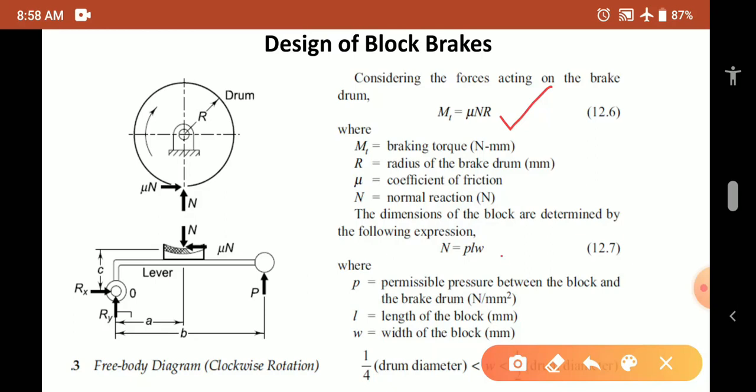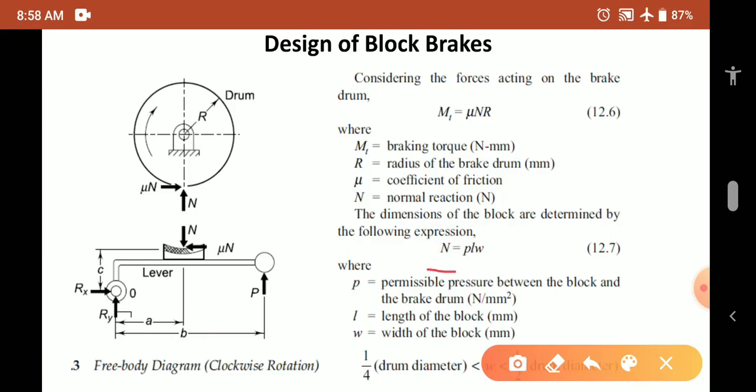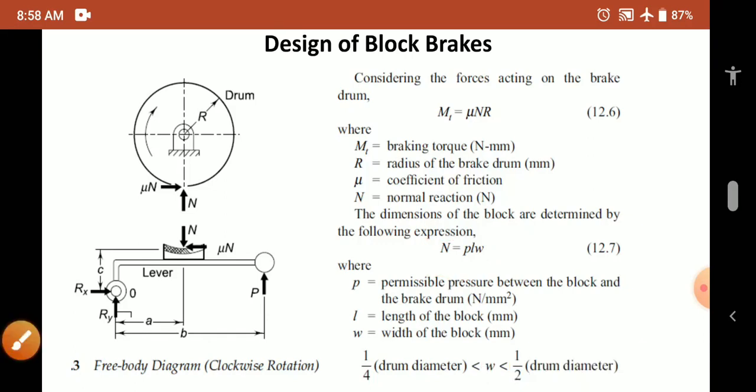Here capital N is the normal reactive force acting on the brake drum. So N equals pressure P into the area of the block, that is, length into width, where P is the permissible pressure between the block and the brake drum in Newton per mm square, L is the length of the block in mm, and W is the width of the block in mm.